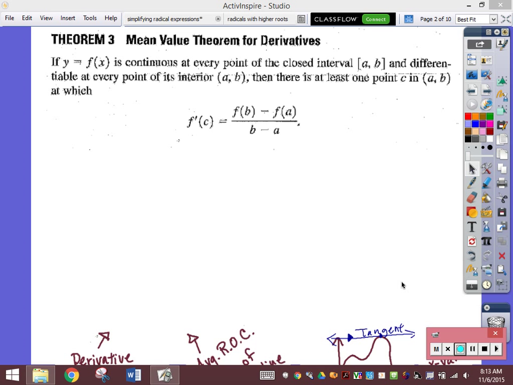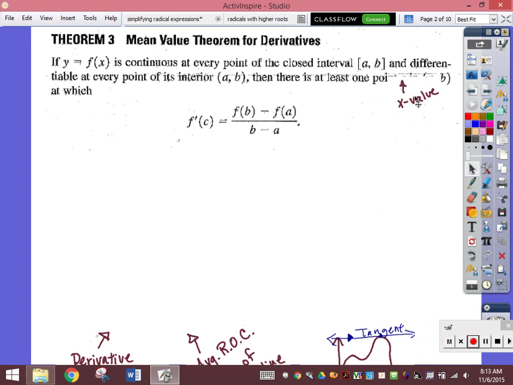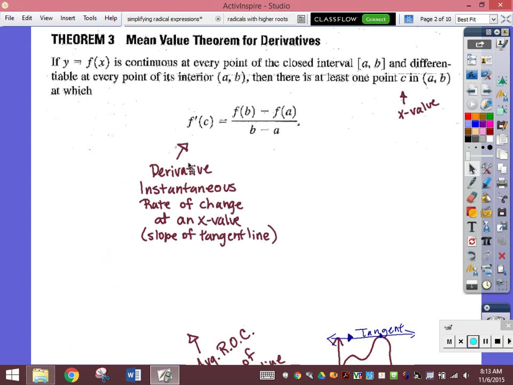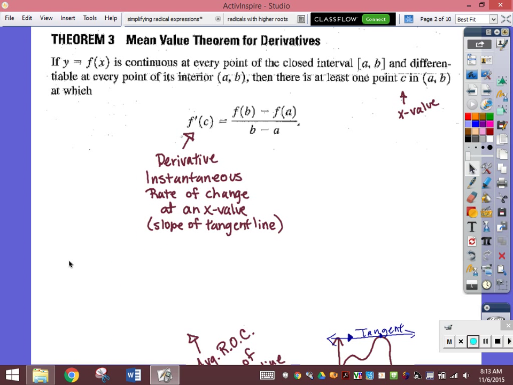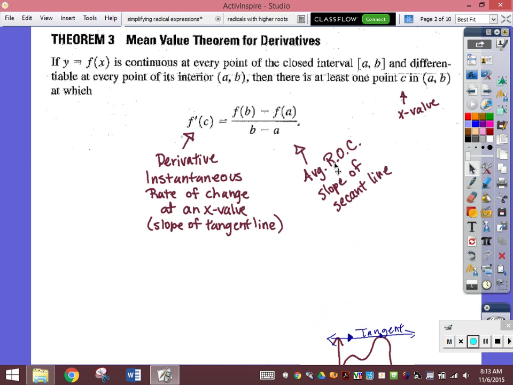And then if they are, you're guaranteed some c value, which is basically some x value in the open interval where your derivative at that x value, your instantaneous rate of change, the slope of your tangent line, equals the average rate of change, which is also known as the slope of the secant line.